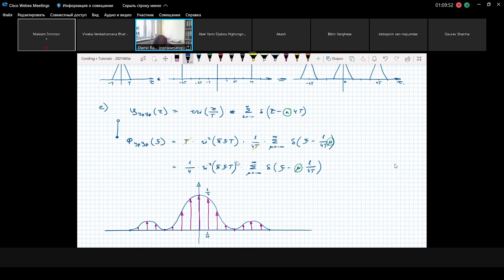Nulls are located at capital T and minus capital T, and then multiples of this value. The maximum value is 1/4. This is the power spectral density for our periodic signal, and because it's periodic, we have a discrete power spectral density. That's all for our first task for today.